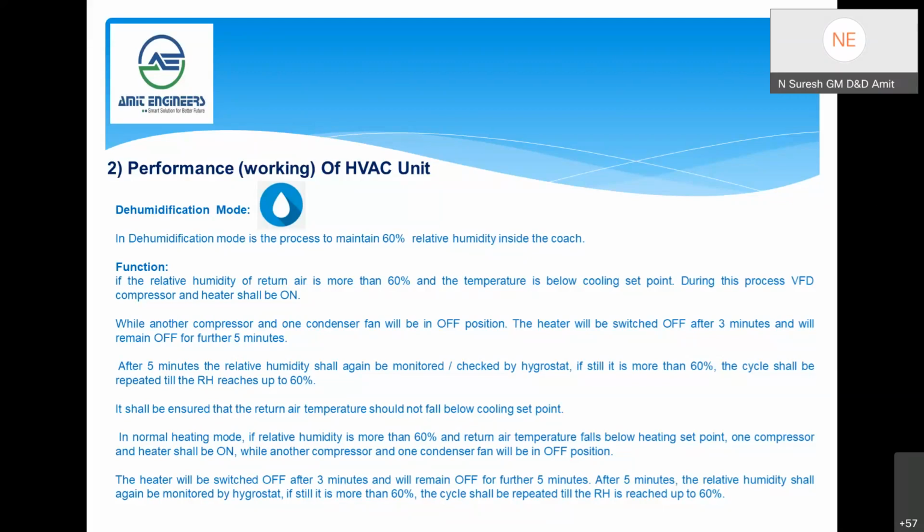Sir, once again I will explain. The heater is basically to maintain the temperature. The temperature should not go less than the set point or the desired condition for human comfort. By dehumidification and running the refrigeration system, we are able to bring down the RH.